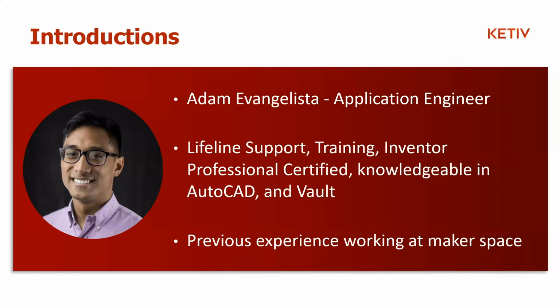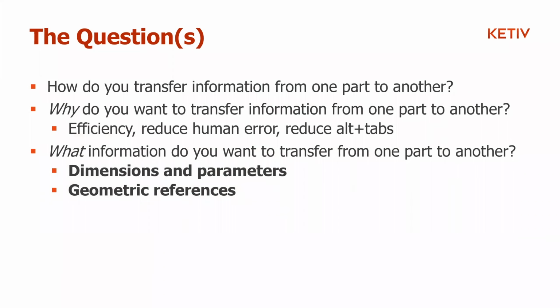I wanted to start this presentation with a few questions specifically. I know we typically focus on a particular functionality and derive a presentation off of that, but I really want to frame this presentation with a problem that we want to solve. You might be working on a particular project, maybe you're making molds, maybe you're making two interfacing parts. And at some point you're in the software and you're like, how the heck am I going to transfer information from one part to another?